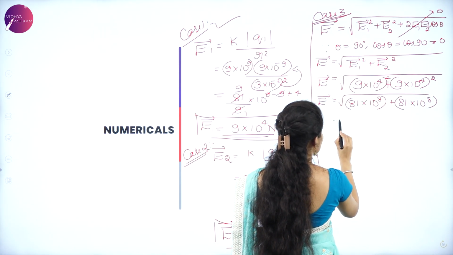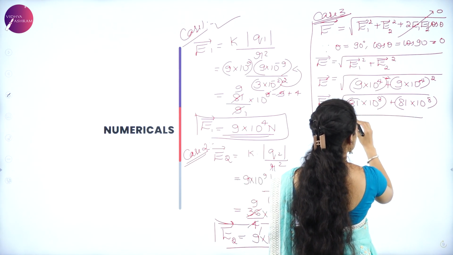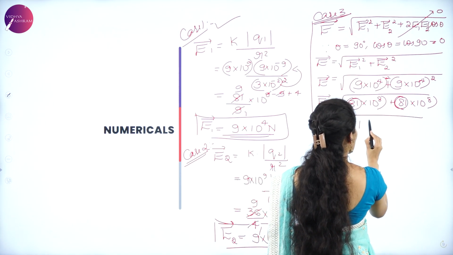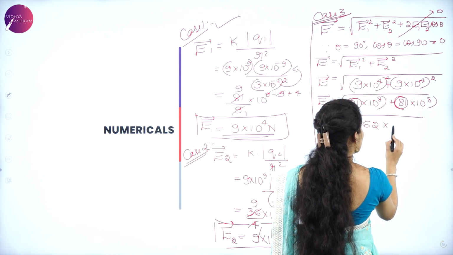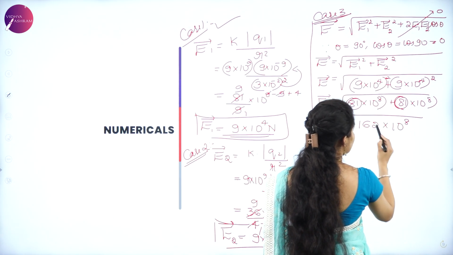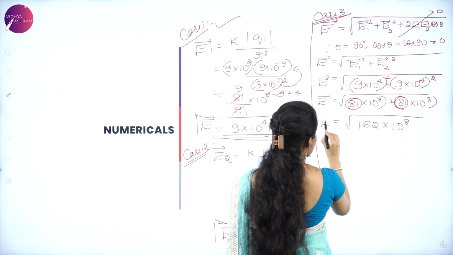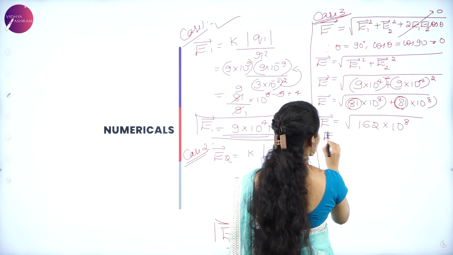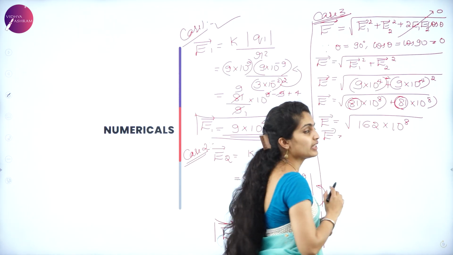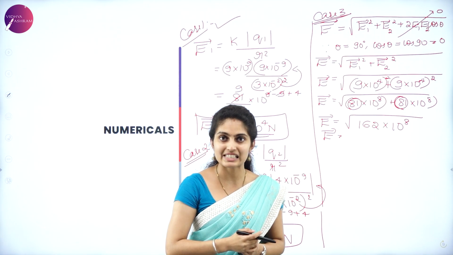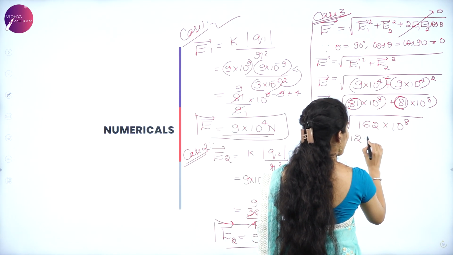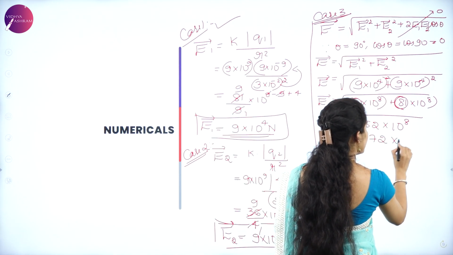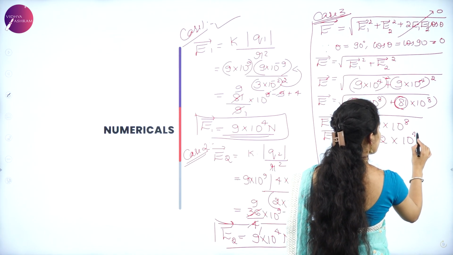On solving this, you have 81 plus 81, it is 162 into 10 to the power of 8, which is a common term. The root of 162 into 10 to the power of 8 is nothing but 12.72 into 10 to the power of 4.